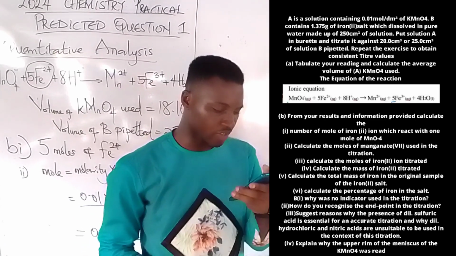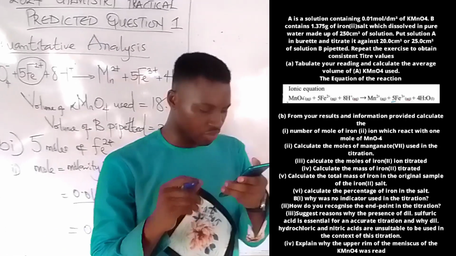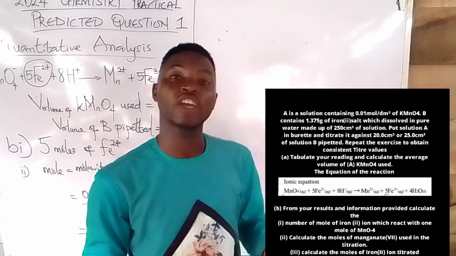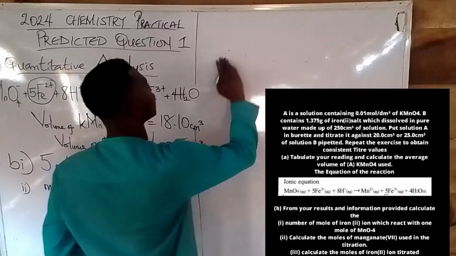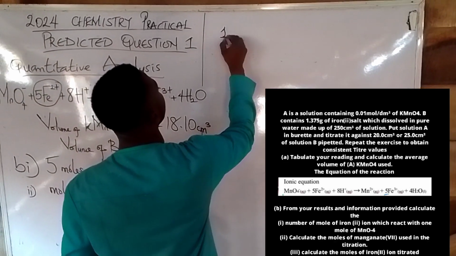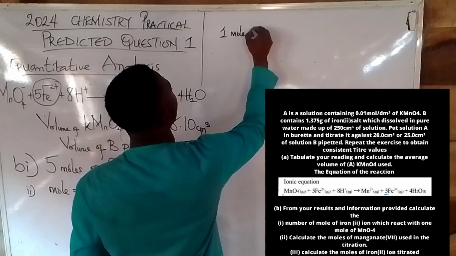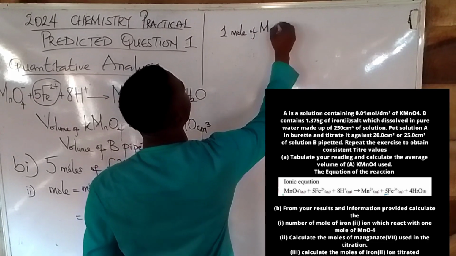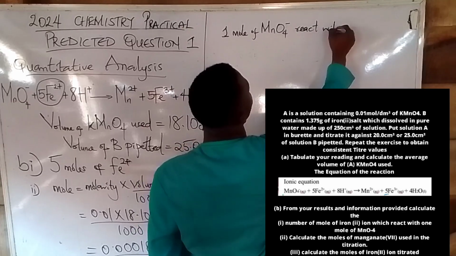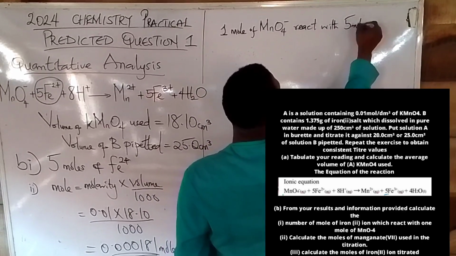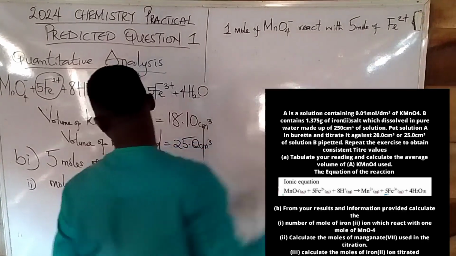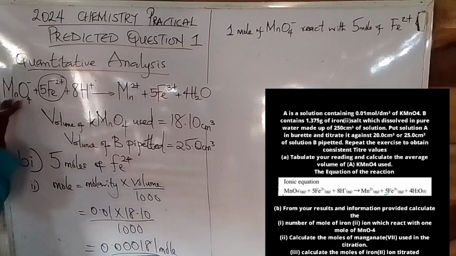But before then, I omitted question number 3, which says calculate the mole of iron 2 ion titrated. Look at this equation.